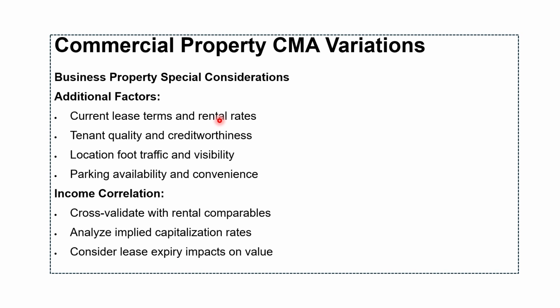Then income correlation. So cross validate with rental comparables, analyze implied capitalization rate, consider lease expiry impact on value. Some of these are important income correlations which we have to see.